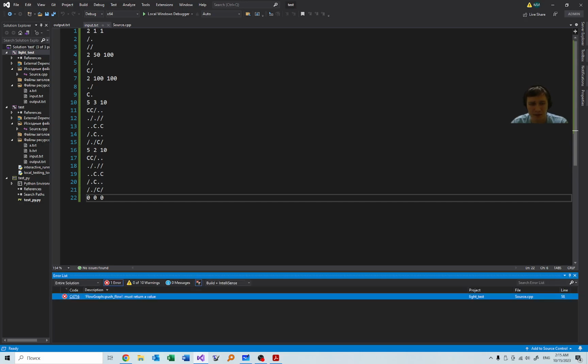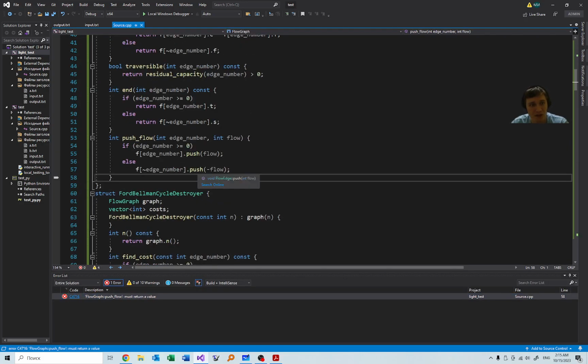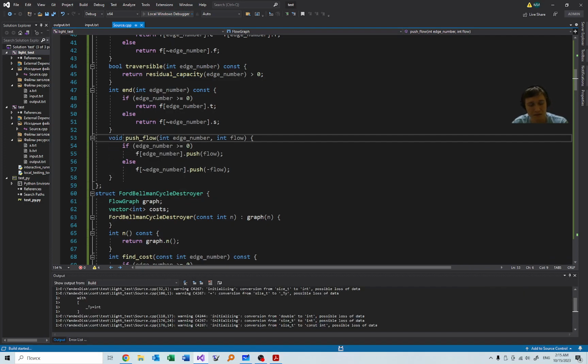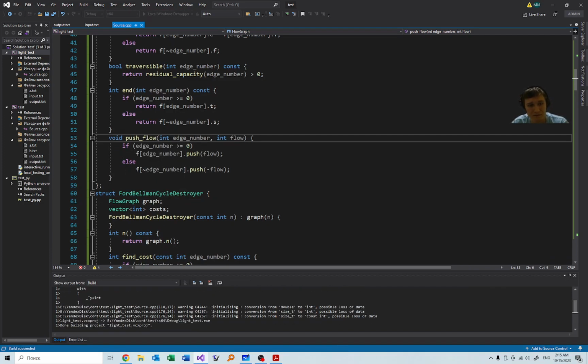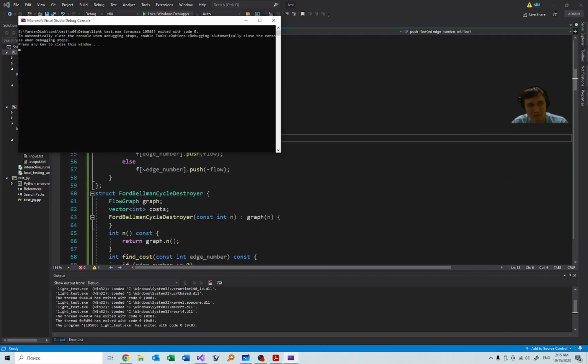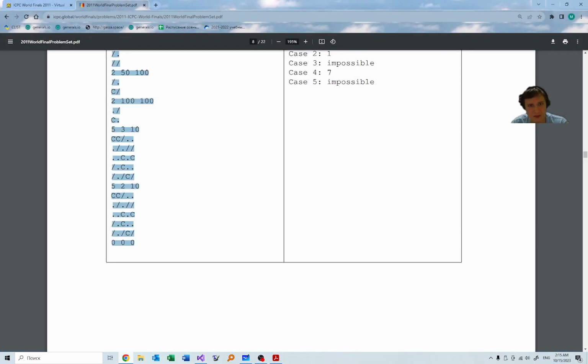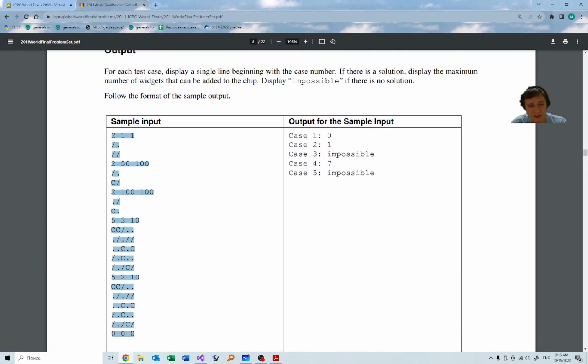Let's begin with the compilation errors. Push flow must return a value. No, it shouldn't. Zero, impossible, impossible. 12, impossible. It's all incorrect. But let's start with something easy. This one.